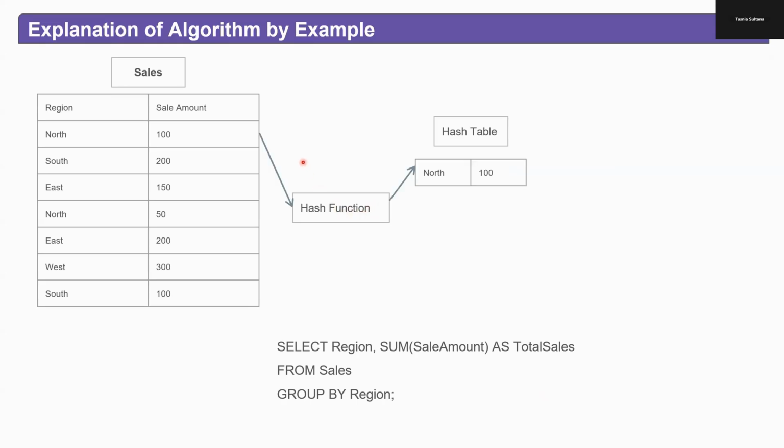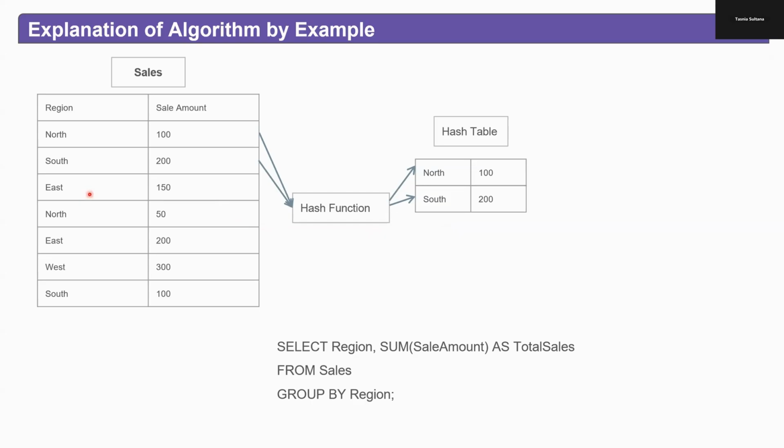So in the first step, it starts with the north region. The hash function will either insert a new row or update an existing one in the hash table. Since the hash table is empty at first, north is inserted. Then we move to the south and apply the same process. It is also inserted into the hash table.